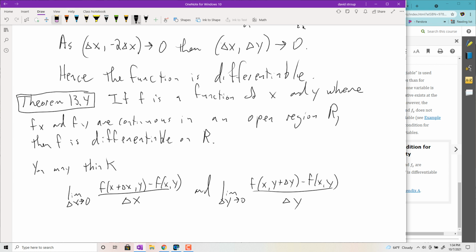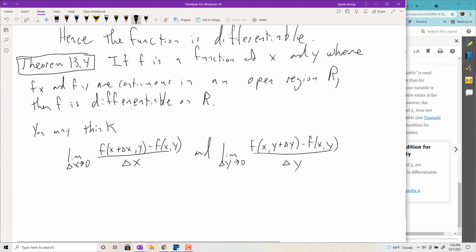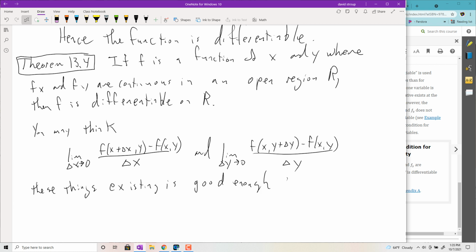So you may think these things existing is good enough for differentiability, but it's not the case.